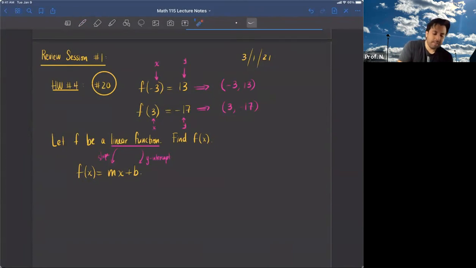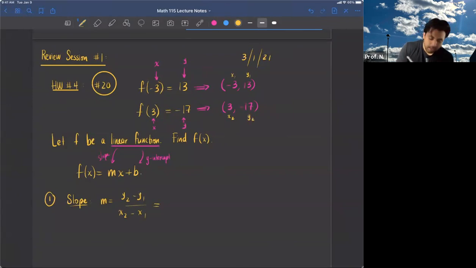So the first thing I have to find now is the slope. What is the slope? y2 minus y1 over x2 minus x1. So I can write this as x1, y1, and this as x2, y2.